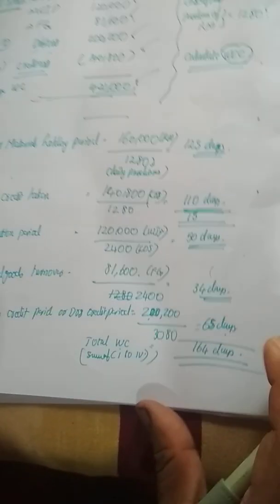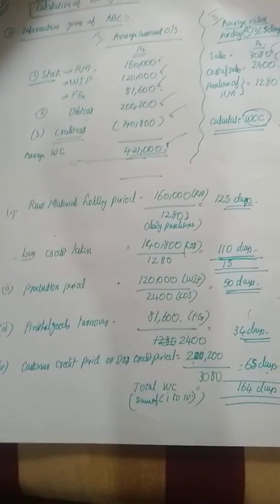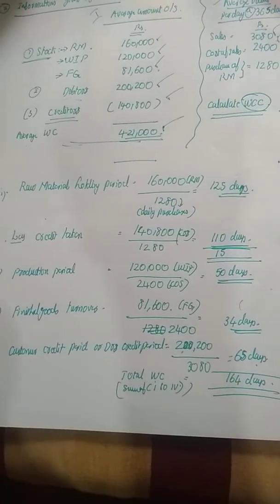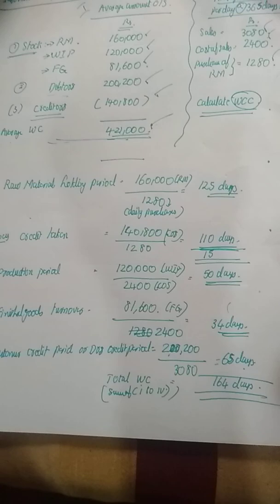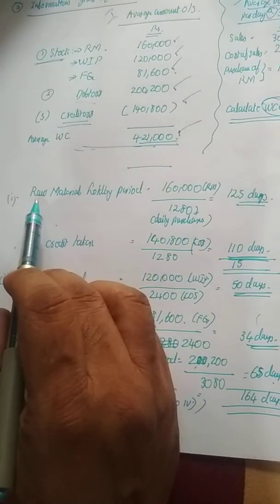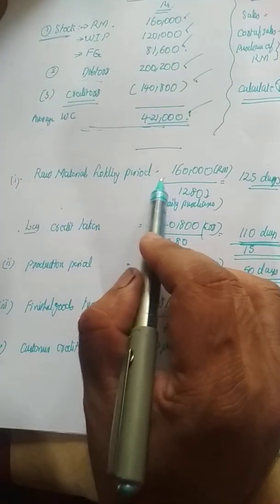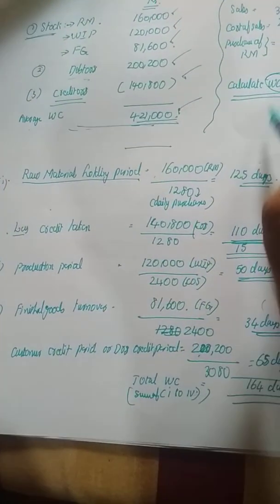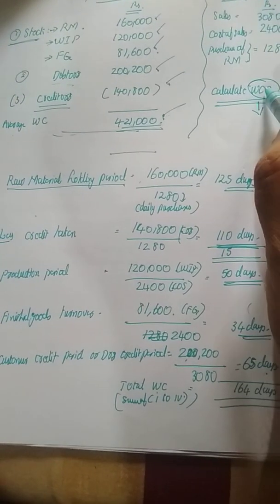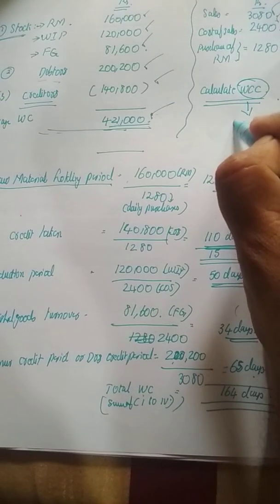It's a very easy problem. As I told, working capital is all about finding out the total current assets and current liability position. So let us take the raw material aspects. Raw material holding period we have to find out. Here it is the working capital cycle that we have to calculate. The working capital cycle will always be calculated on the basis of number of days.